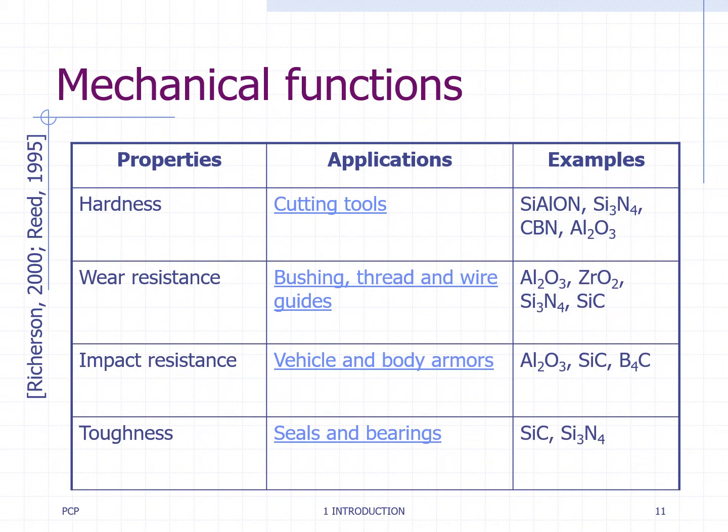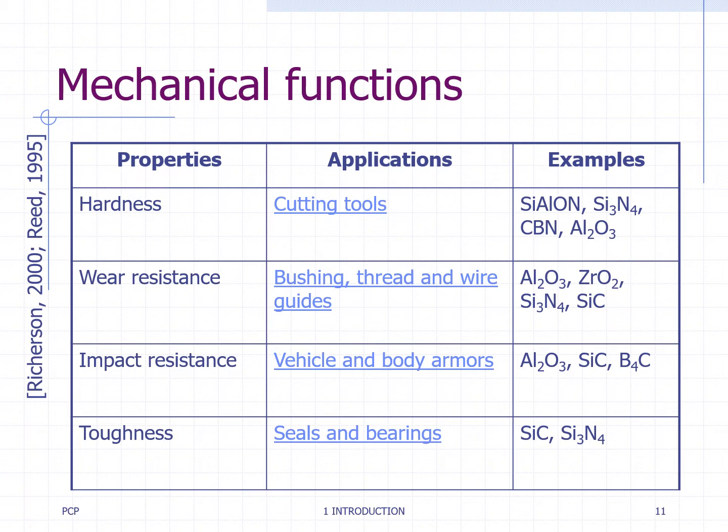Last but not least, mechanical properties are always relevant in any application. In some products, a specific mechanical property is required. For instance, hard materials such as silicon nitride or alumina are used as cutting tools for metal machining. When a high wear or abrasion resistance is needed, alumina or zirconia wire guides are employed in the textile industry.